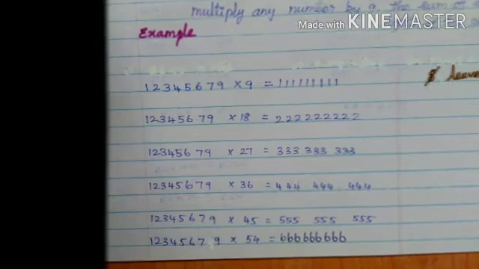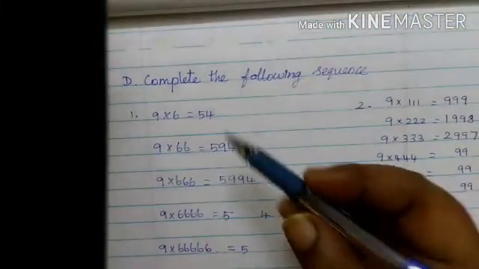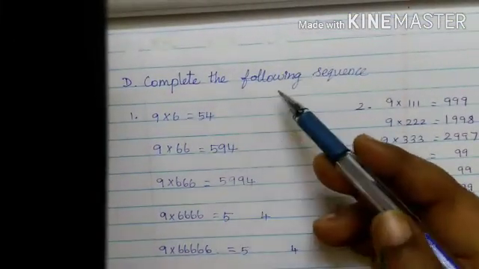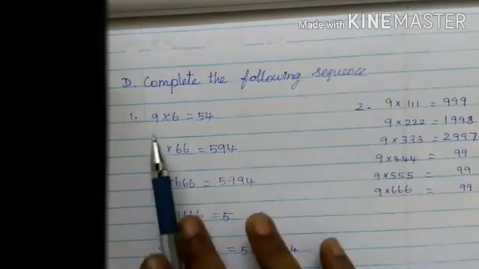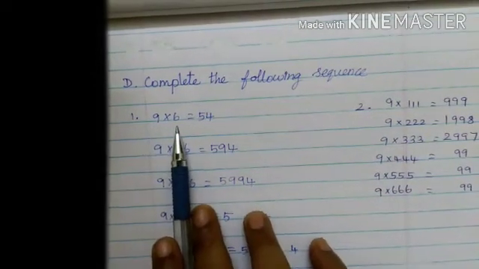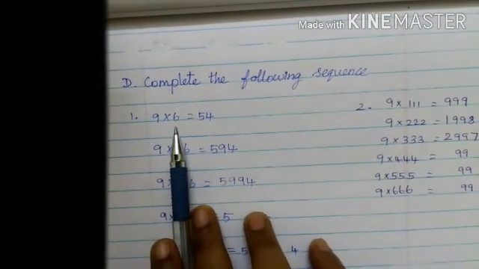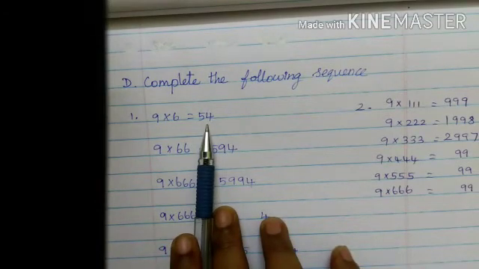Shall I move to the next one now? This one is an exercise. Complete the following sequence. First one, 9 multiply 6. 9 sixes are 54.